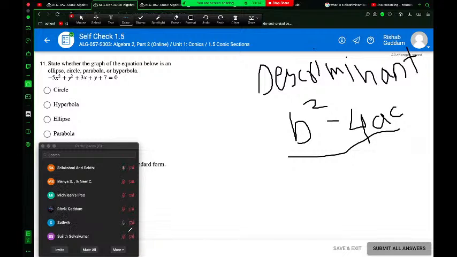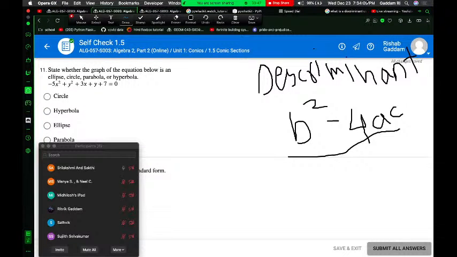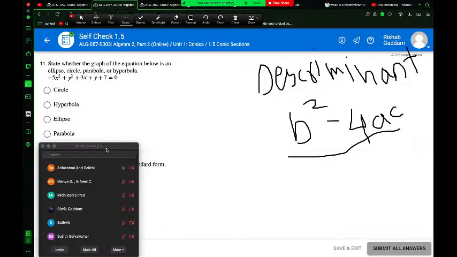Okay, so state whether the graph of the equation below is an ellipse, circle, parabola, or hyperbola. So it won't be a hyperbola because it equals 0.